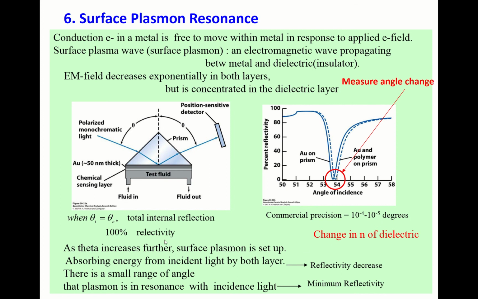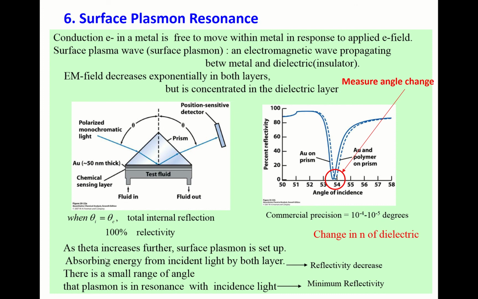As the incident angle increases further, the surface plasmon is set up. It's a surface plasmon resonance, absorbing energy from incident light by both layers. There is a small range of angle. This angle range is very small, but it can be detected by modern technology.